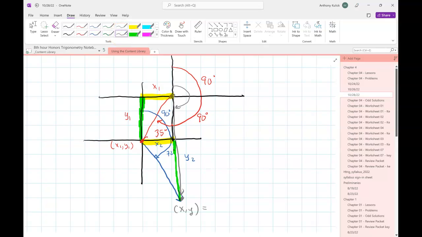So what do I notice here? What does XY have to equal? Just x1 plus x2, y1 plus y2.